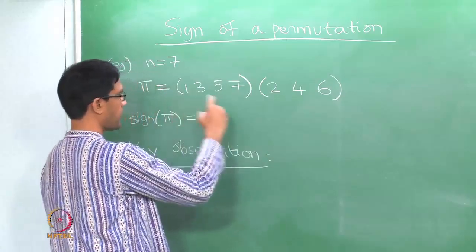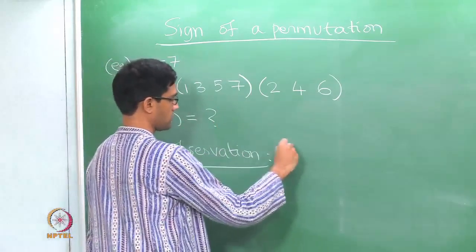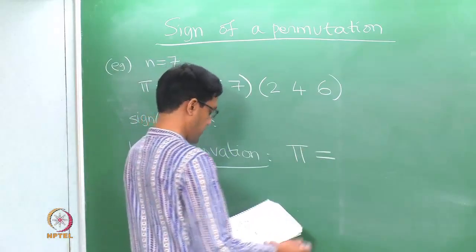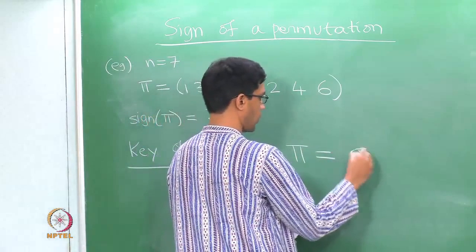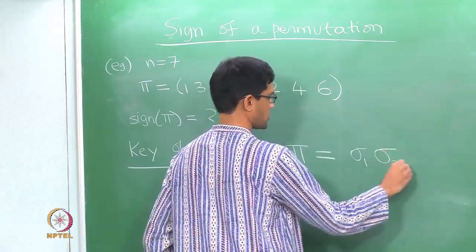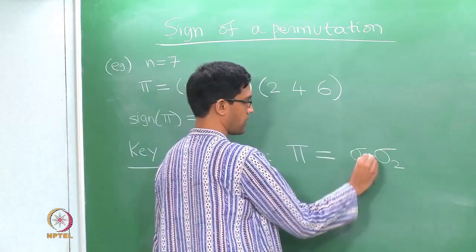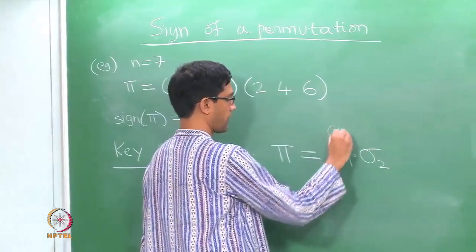You can think of pi as really being the following. Pi can be thought of as being the composition of two permutations. So remember, we talked about the composition of permutations. So this is sigma 1 composed with sigma 2.